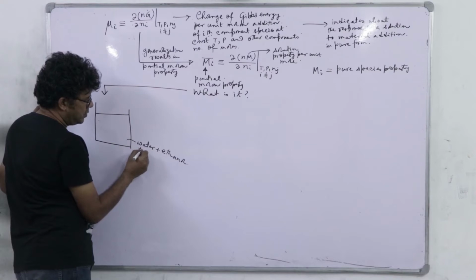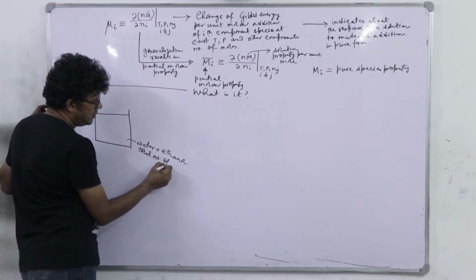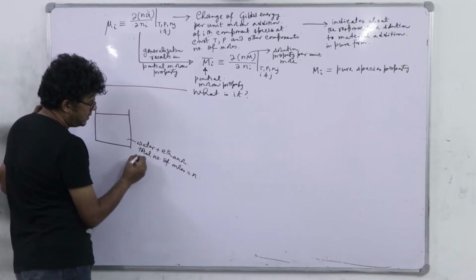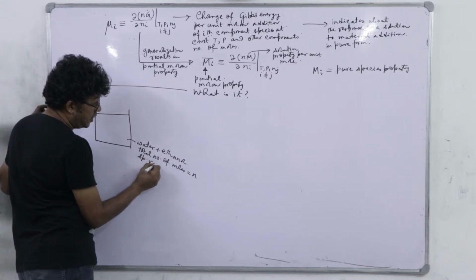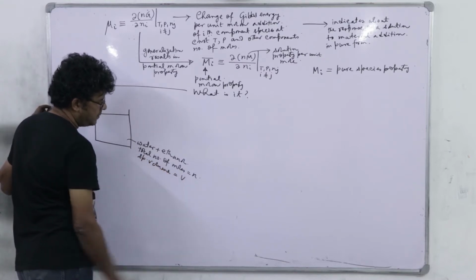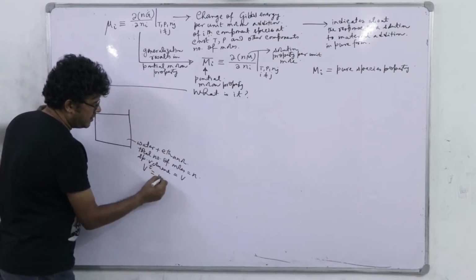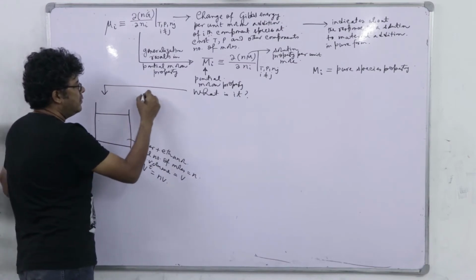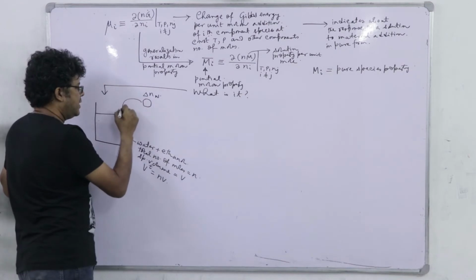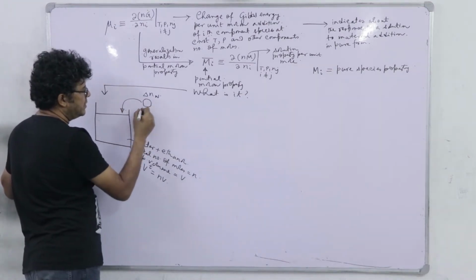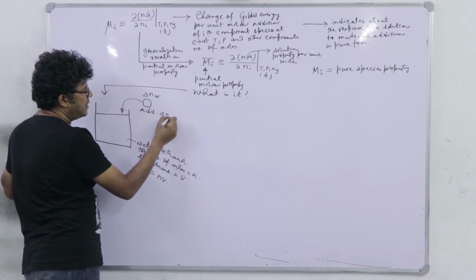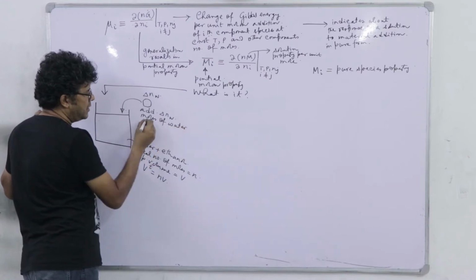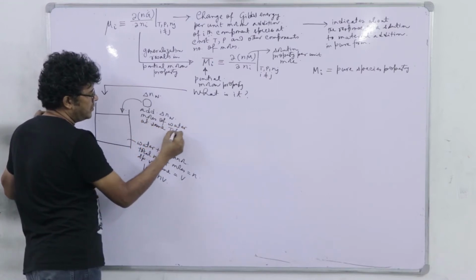The total number of moles is N and the specific volume is V. So, total volume Vt equals N V. Now, we are adding delta N w moles of water at the same temperature and pressure.